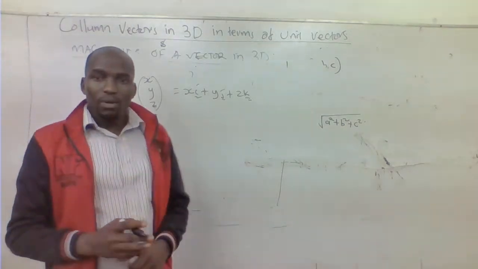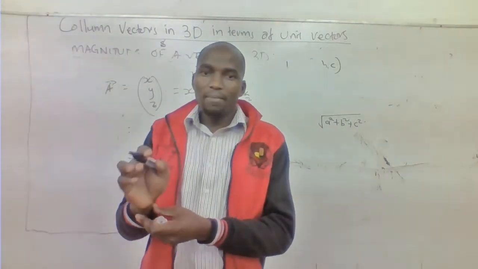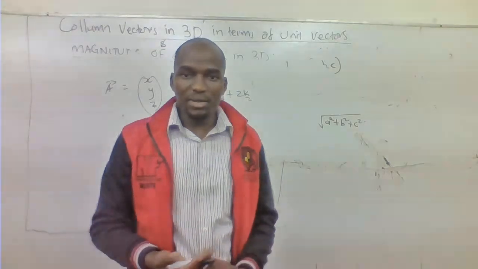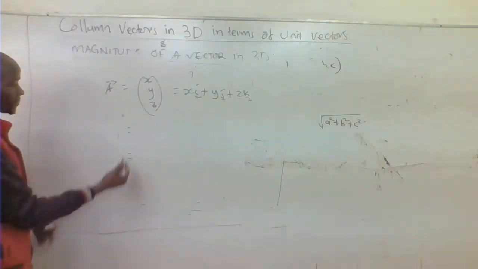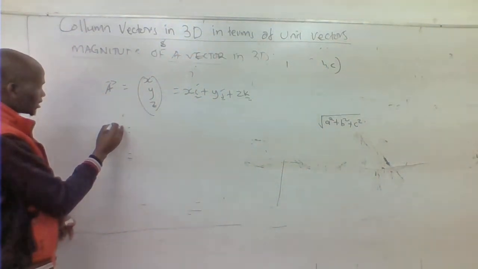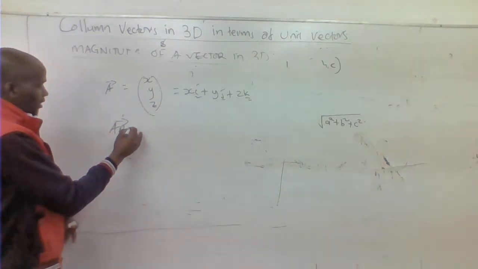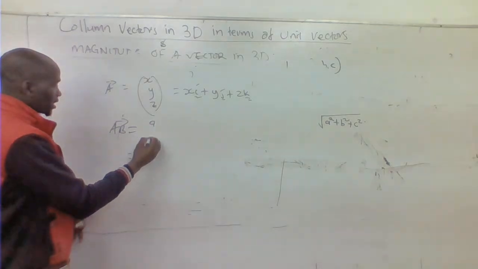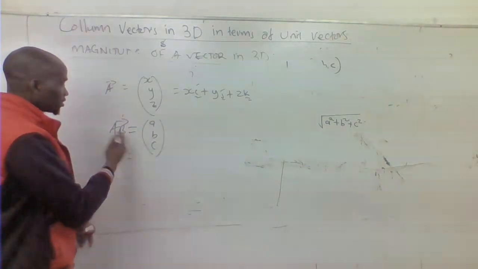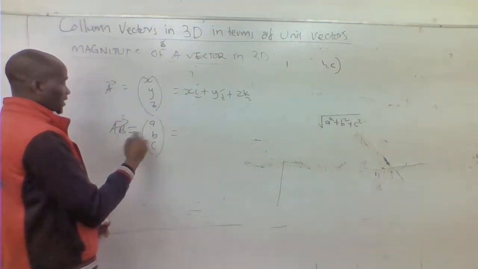Then we have also learned about the modulus, or what we refer to as the magnitude of a vector in 3 dimensions. Given a vector, let me say a, b, c, this can be expressed in terms of unit vectors.